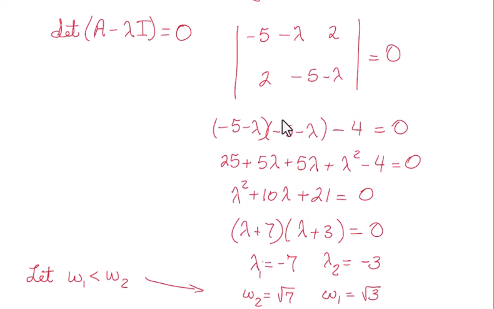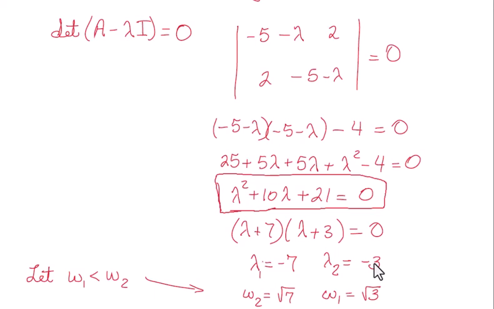So let's see, minus 5 at 25. All right, so looking at that, I've got a 25 minus 4, so a 21. So there's my characteristic equation, a quadratic equation. And the nice thing is it factors easily into lambda plus 7, lambda plus 3. So I get two eigenvalues of minus 7 and minus 3.